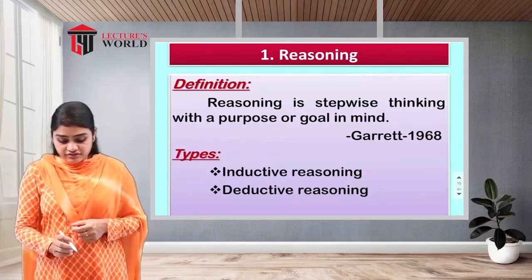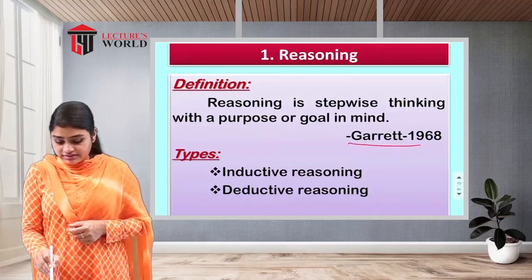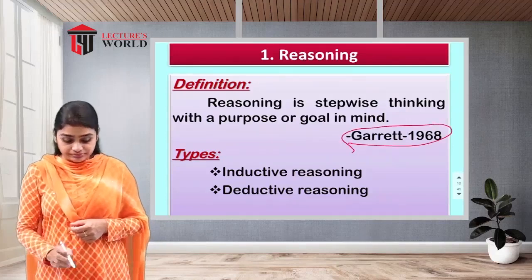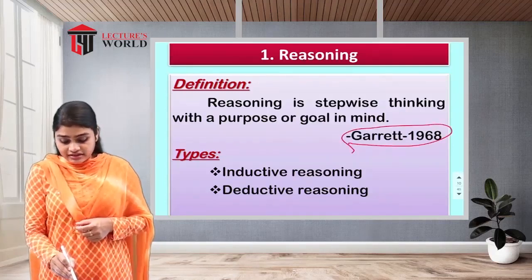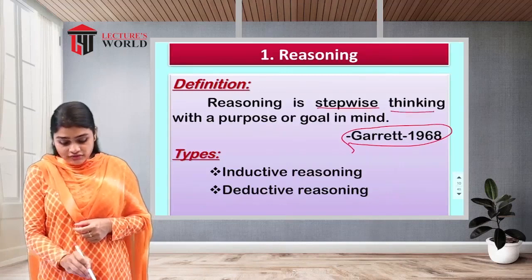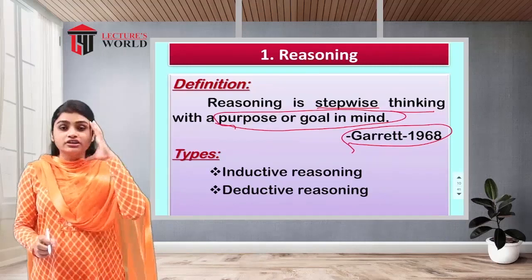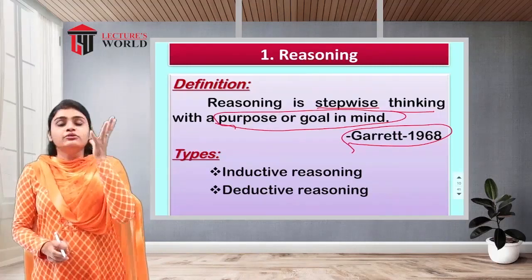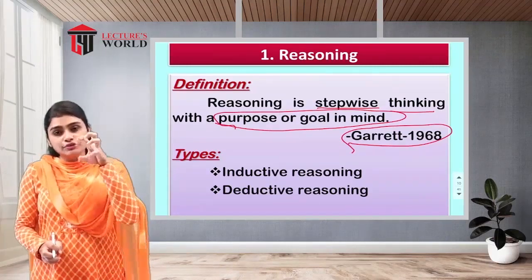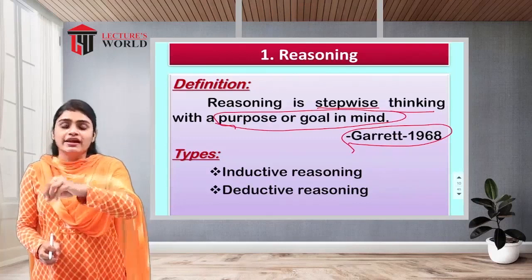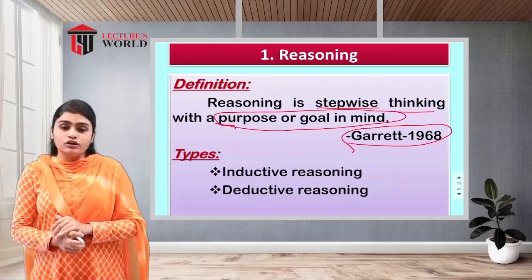The definition of reasoning, given by Garrett in 1968: reasoning is stepwise thinking with a purpose or goal in mind. So already we have a goal in our mind, and to achieve that goal, we are going to think in that particular area. That is called reasoning.